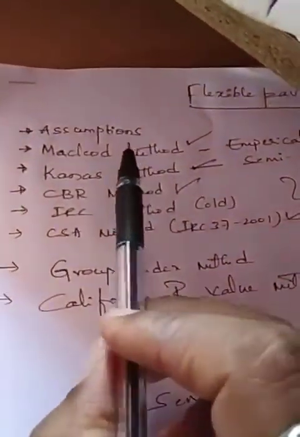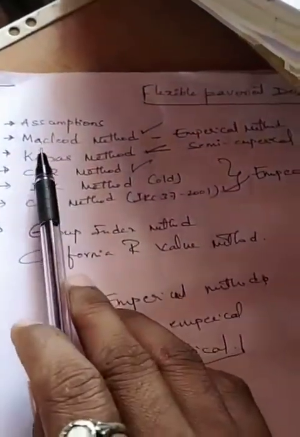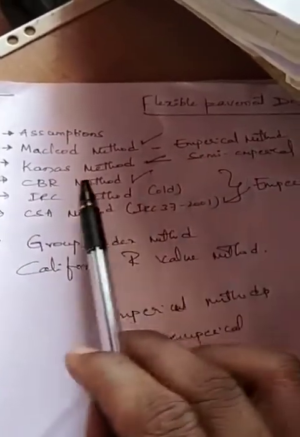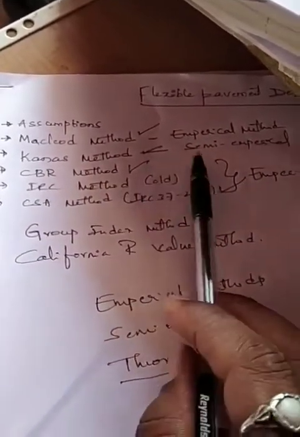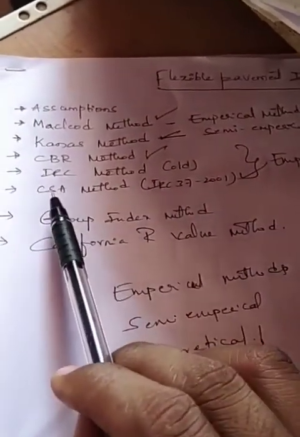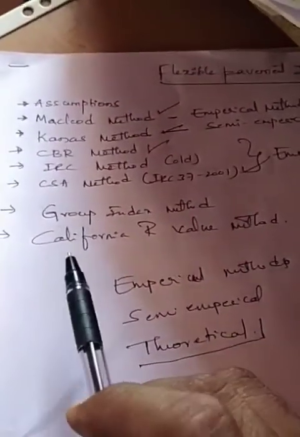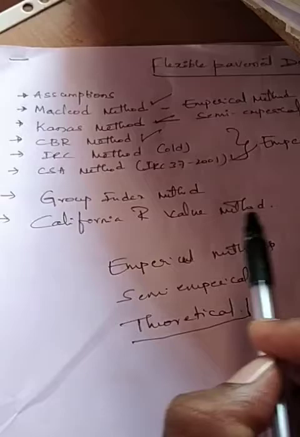In the case of empirical and semi-empirical methods, these are the methods available for the design of flexible pavement. One is Macleod method, second is Khanna's method, third is CBR, fourth is IRC method, then CSA method, that is cumulative standard axles method, then group index method, then California R value method.